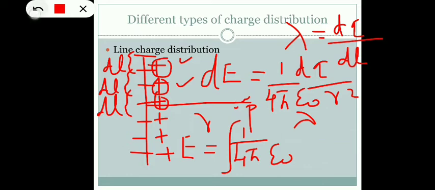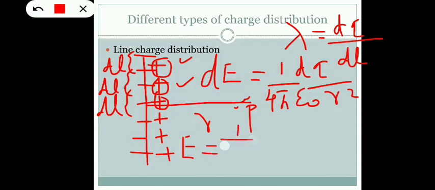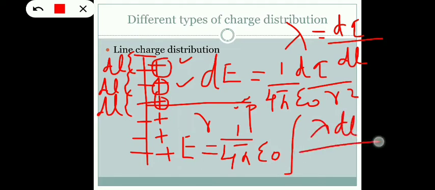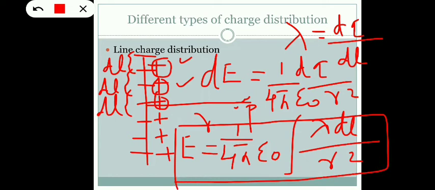And also this 1 by 4 pi epsilon naught is a constant, so we can take it outside the integral sign. So you will get equal to 1 by 4 pi epsilon naught integral lambda dl by r square. So this is the expression for electric field intensity at a point due to a line charge.